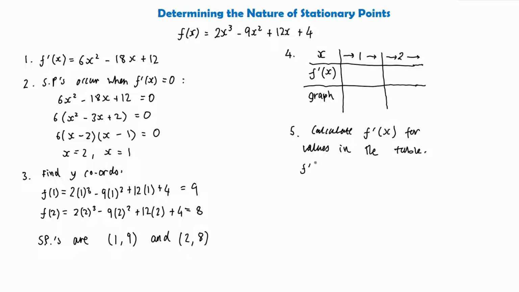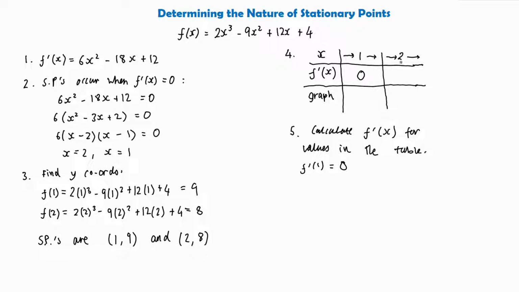So for f dash 1, we find that we get 0, which is good because that's what you want to get. So we get 6 times 1 squared is just 6, minus 18 is going to give us minus 12, plus 12 is 0. So we get the value 0. Now that's good. We want to see zeros.